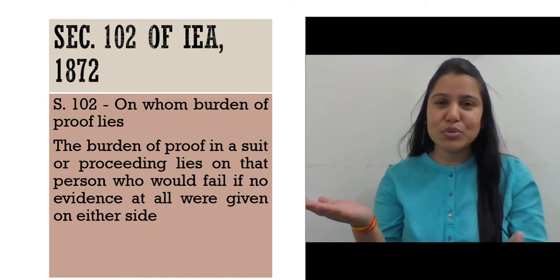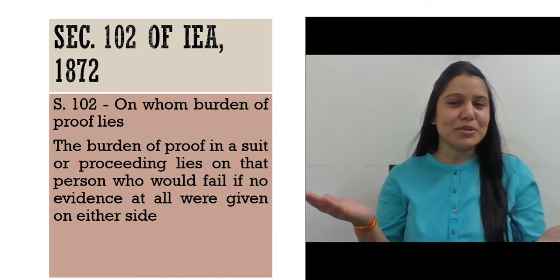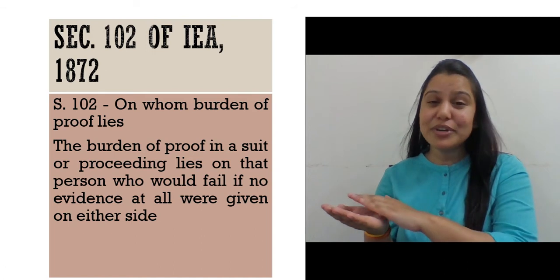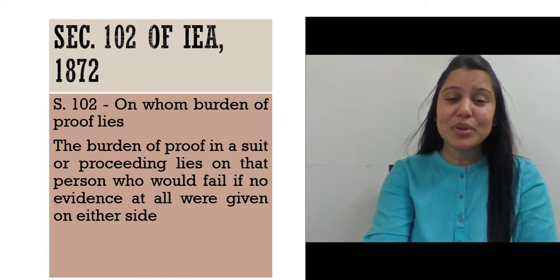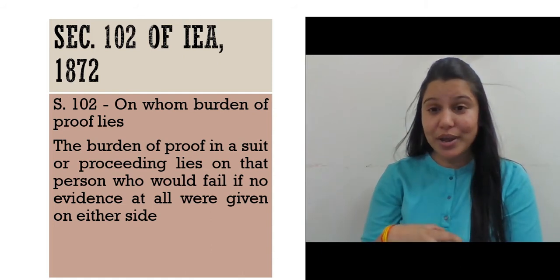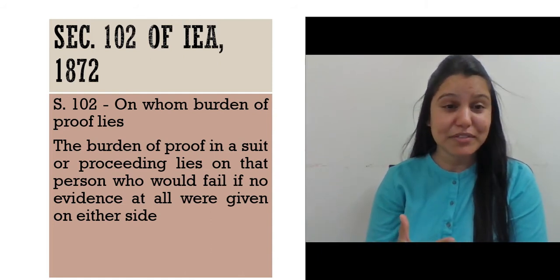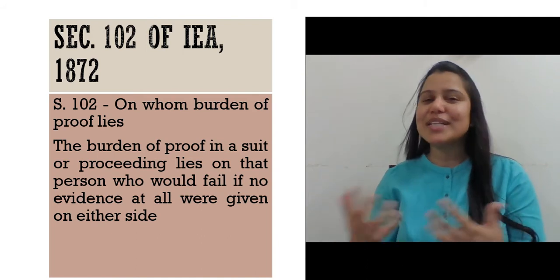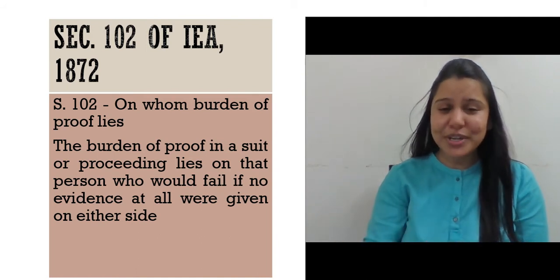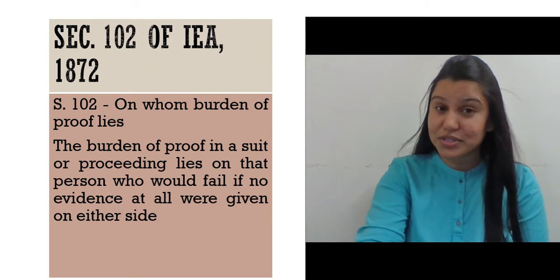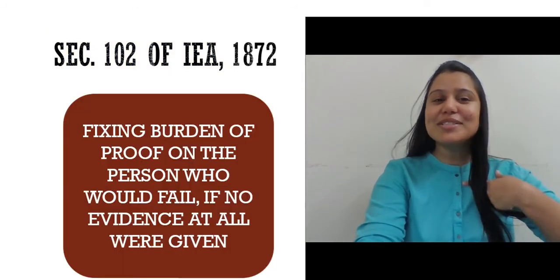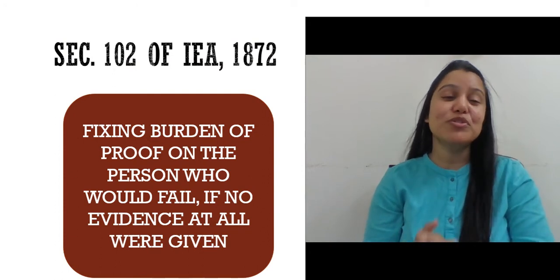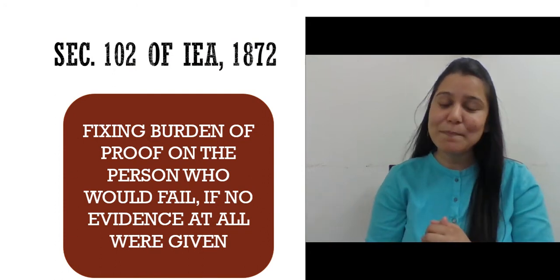He would fail if no evidence at all were given. I have submitted my part. Now it is time for him to submit his portion and give evidence related to what he is saying. If no evidence is given, B would lose. So it keeps on shifting. That is given under Section 102 of the Indian Evidence Act, fixing the burden of proof on the person who would fail if no evidence at all were given.